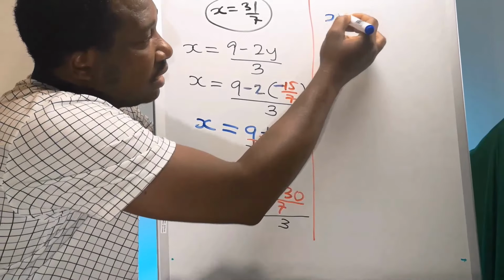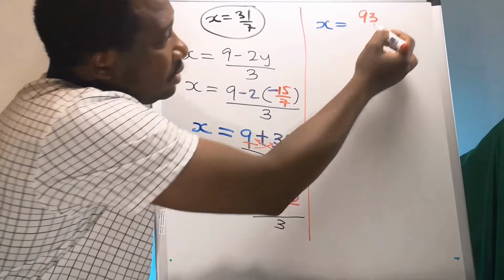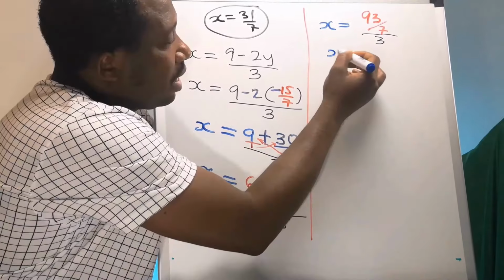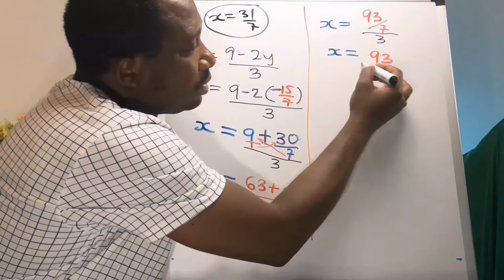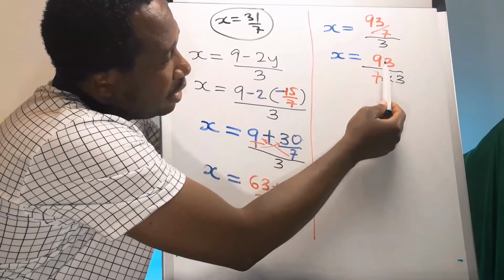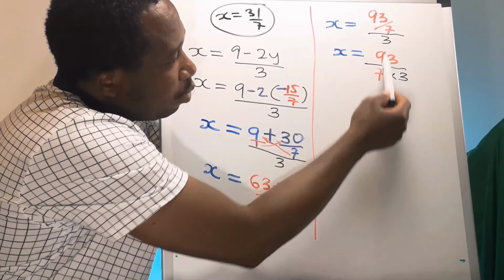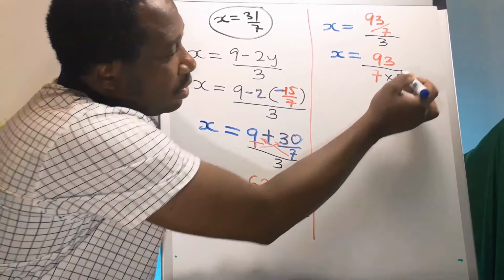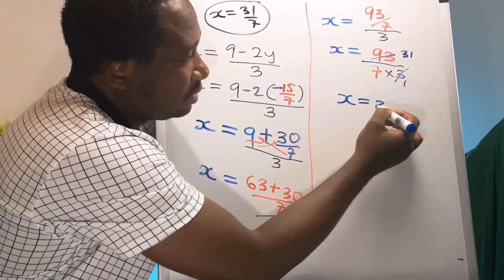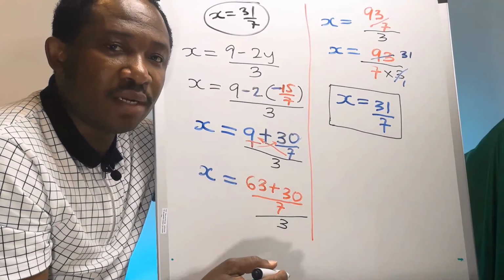Next, x is 63 plus 30, which gives you 93, divided by 7, and at the denominator, you have 3. x is 93 divided by 7 times 3. 7 will come down, it's at the denominator of 93, to multiply whatsoever is at the denominator. 3 here is 1 and 3 here is 31. x is 31 over 7.